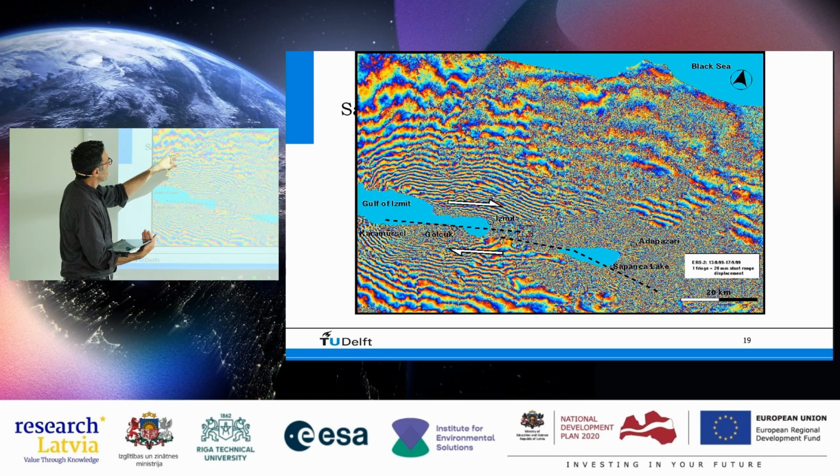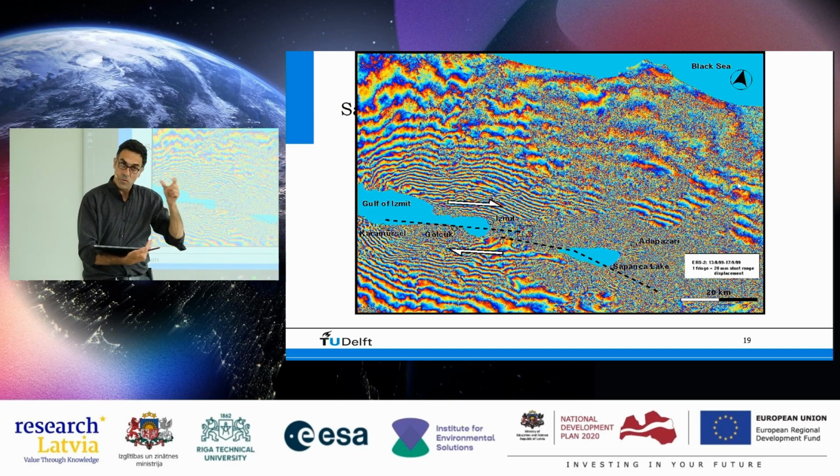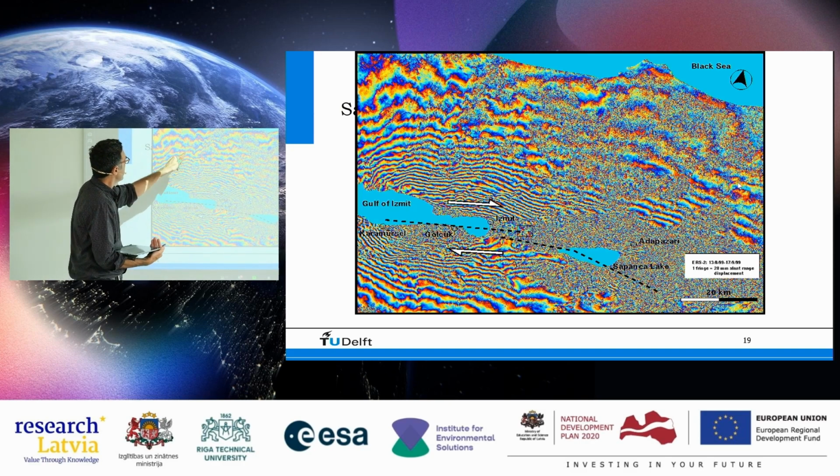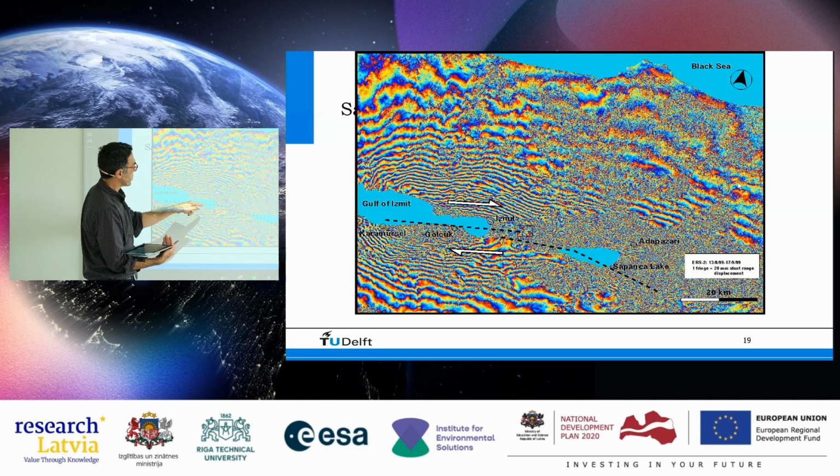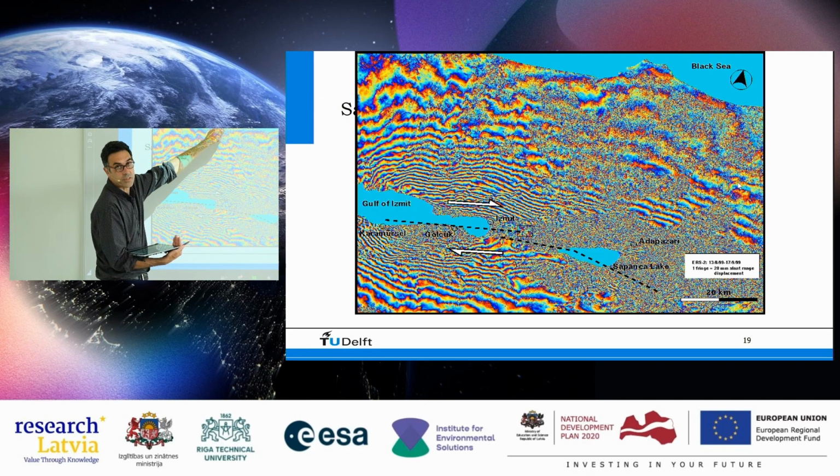So this point over here and this point over here now are different in the sense that they moved relative to each other. So this red point moved 2.8 centimeters relative to this point. Or if I count the fringes, and I go from very close to the fault where the earthquake happened, then this point moved 1, 2, 3, 4, I think it's 26 fringes up to here.